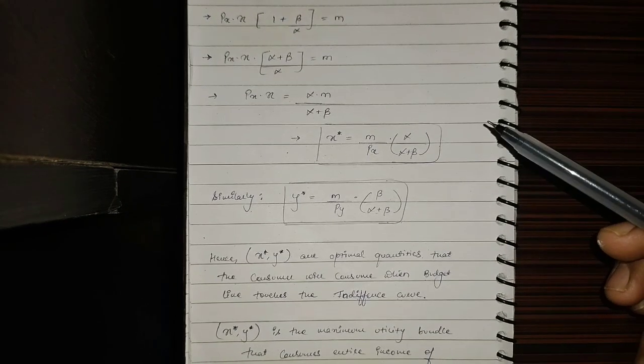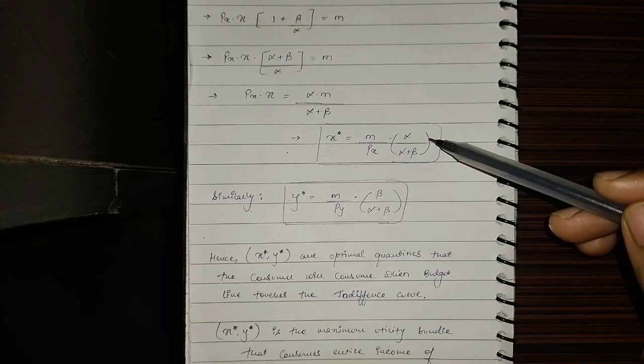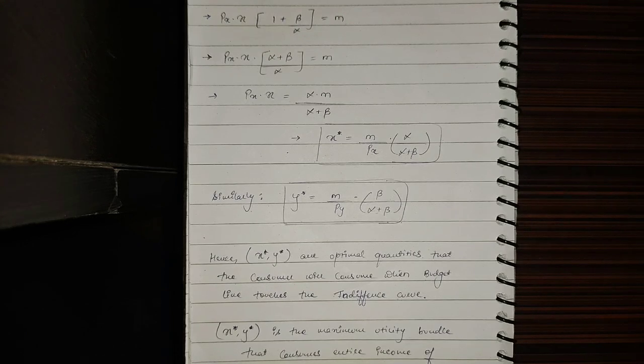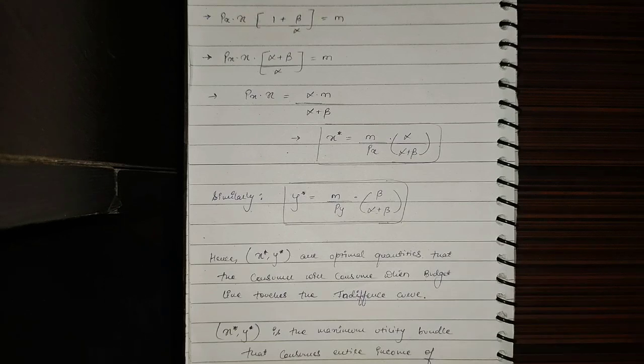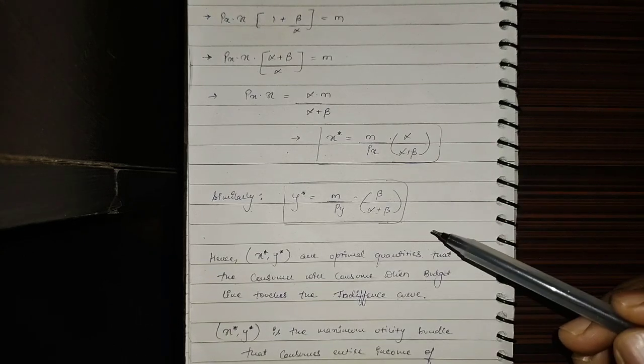For x the optimal quantity is m divided by px multiplied by alpha divided by alpha plus beta. And if we use this optimal quantity back into the equation of the budget line, or back into the relation of x and y we got from earlier, we can get the optimal quantity for y as well, which is m divided by py multiplied by beta divided by alpha plus beta.